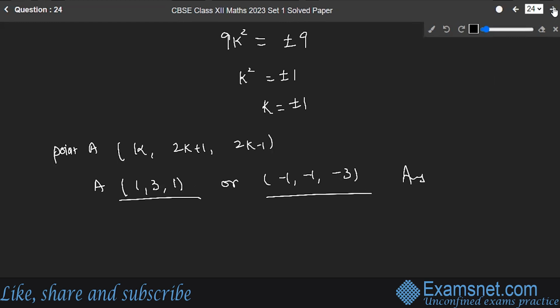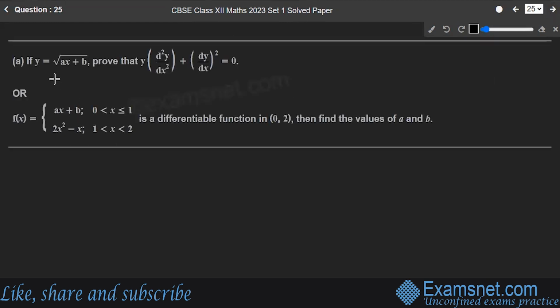Let's move to the next question, number 25. If y is equal to root of ax plus b, then you have to prove that y into d square y upon dx square plus (dy upon dx) whole square is equal to 0. Let's concentrate on the first part first. Part 1, you are given y is equal to root of ax plus b.